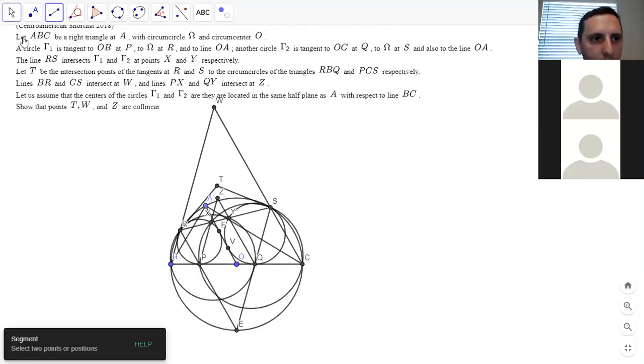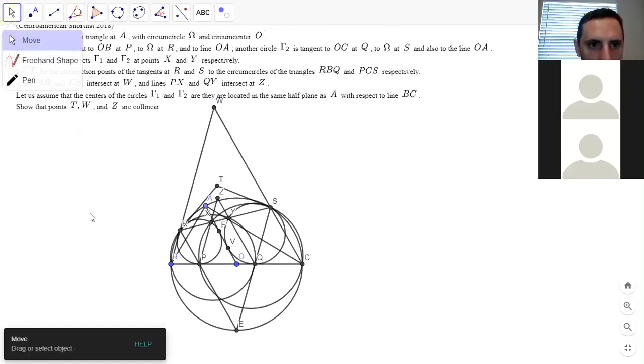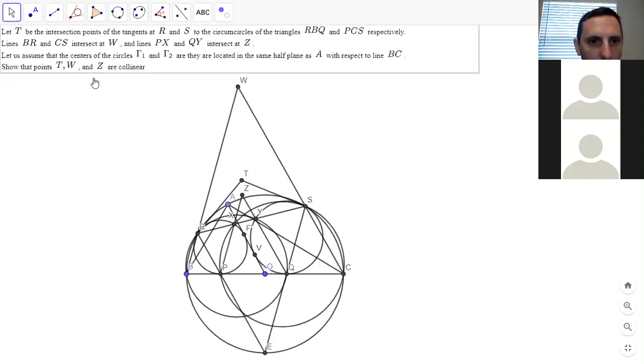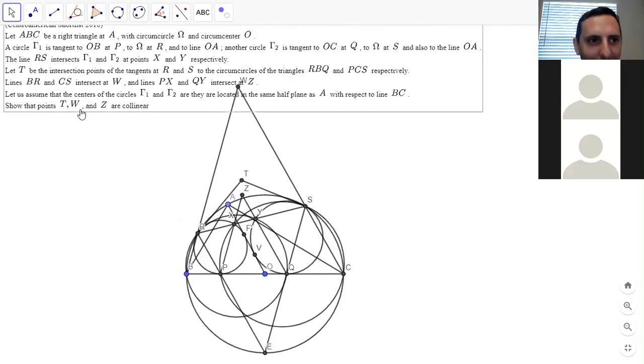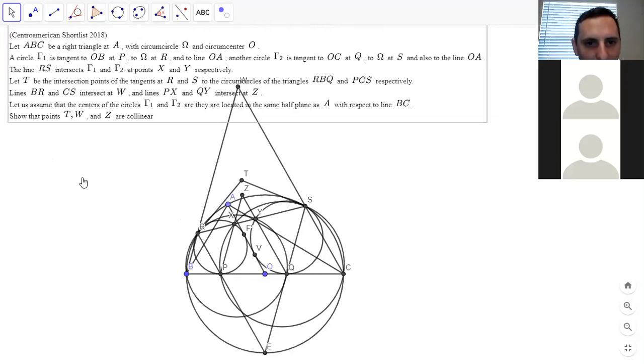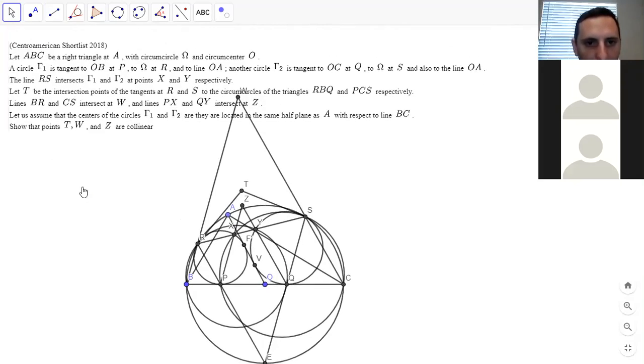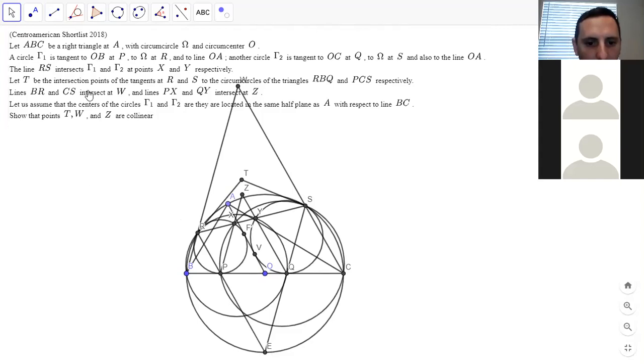Okay. It's flying away. I'm not sure how important it is that we see point E. I don't think I want to delete it though.